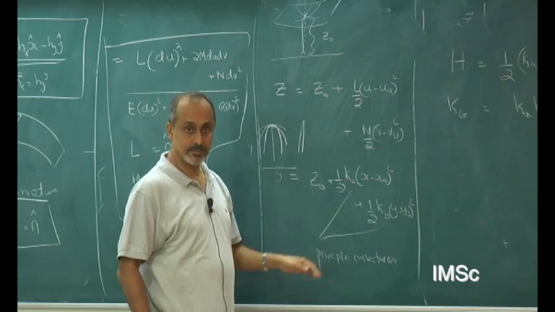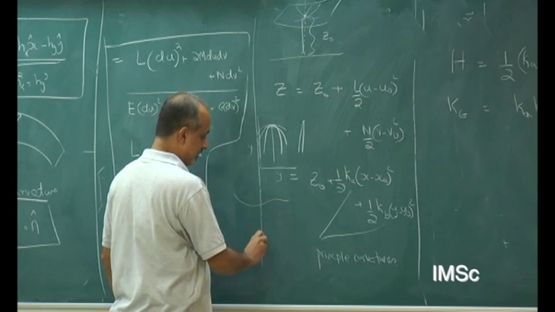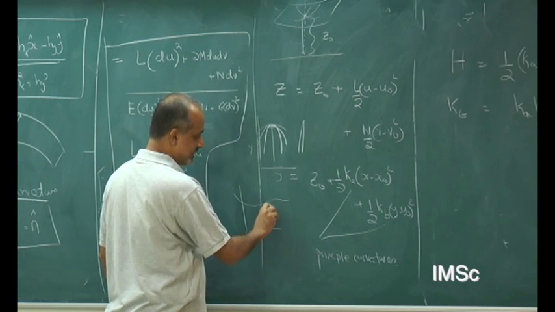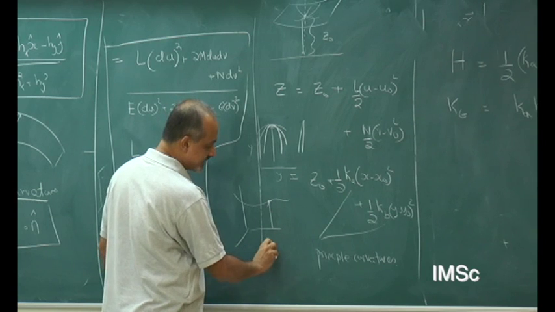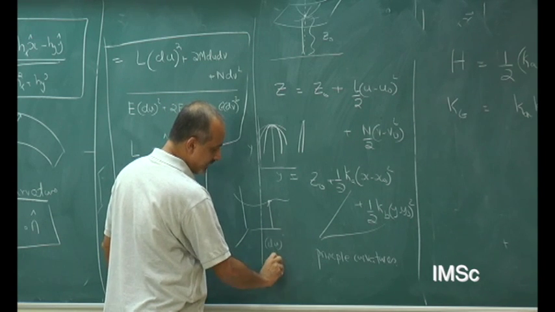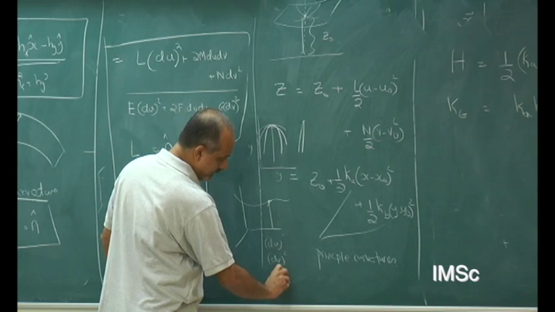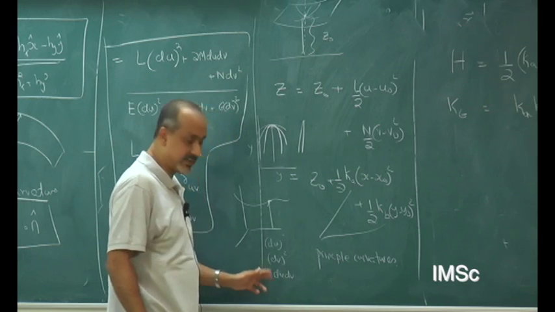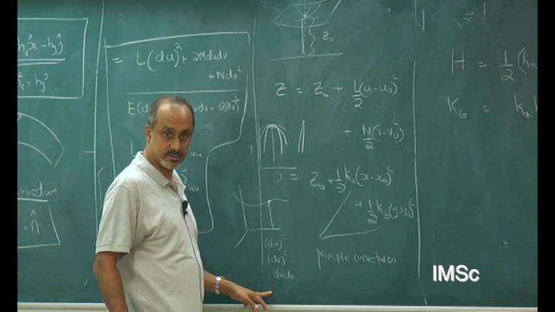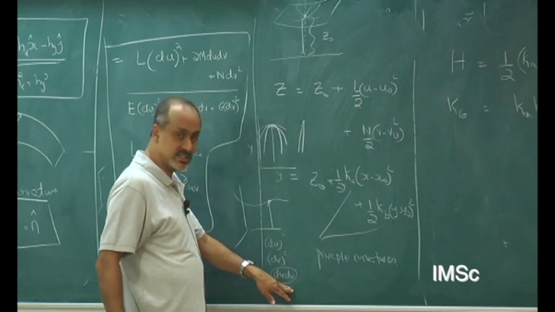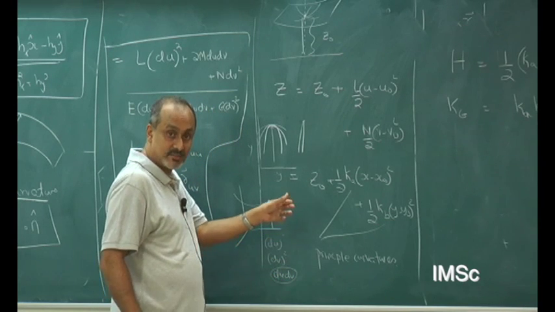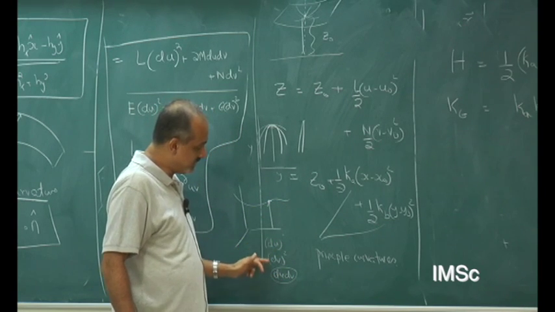So in general, suppose I have some surface here and I have some coordinate system here. As I move away from this point, the surface is described by something involving du squared, dv squared, and du dv. It's a purely quadratic function of these quantities. But along some special directions, the du dv term vanishes if I choose my coordinates correctly, and only these two terms contribute.